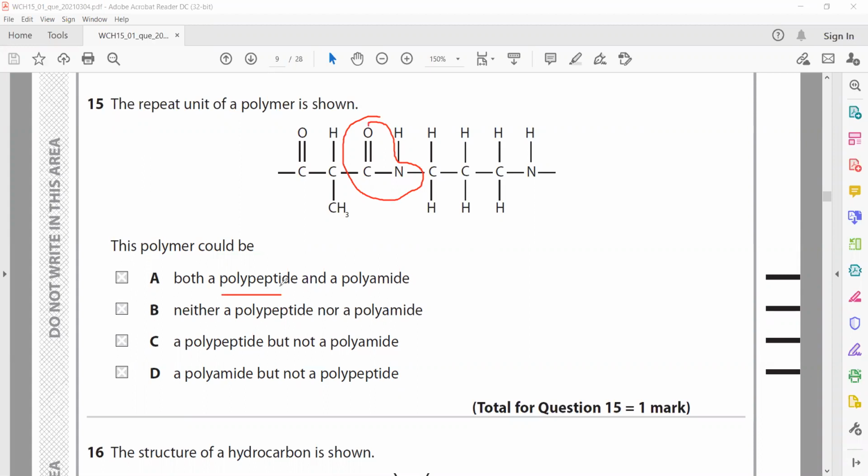To be a polypeptide, when one amino acid reacts with another, to be an amino acid, one side should have C double bonded with O, the carboxylic group, and the other side an amine group. But when you check this polymer, you can clearly see that one molecule has an amine group on both sides, and the other molecule has carboxylic groups on both sides. So it is not a polypeptide, it is only a polyamide.